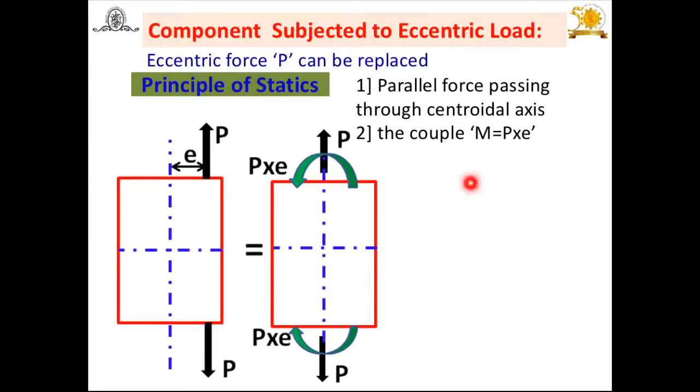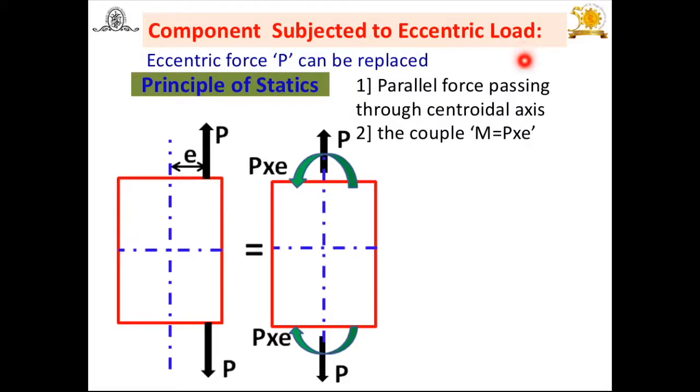Now let us see. Sometimes in actual practice, for simple elements, we have seen that the line of action of the forces passes through the centroid of the cross section, and accordingly we have used the different relations of stresses induced in the component. But in actual practice, in some mechanical applications, some of the mechanical components are subjected to eccentric load.